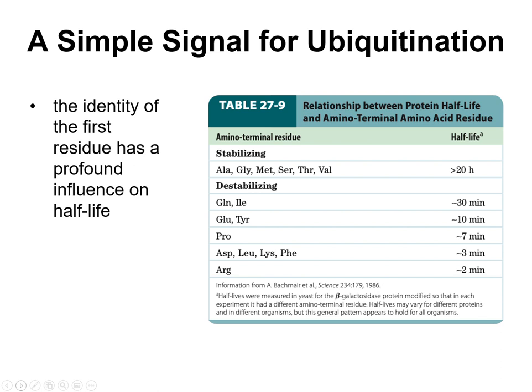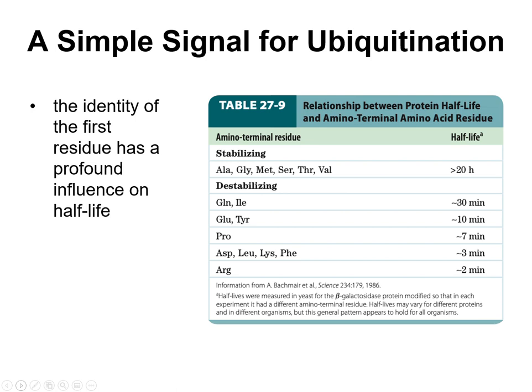So the identity of the first residue has a profound influence on the half-life of a protein. And for whatever reason, N-terminal residues that are alanine, glycine, methionine, you can read, those proteins have a fairly long half-life, more than 20 hours.